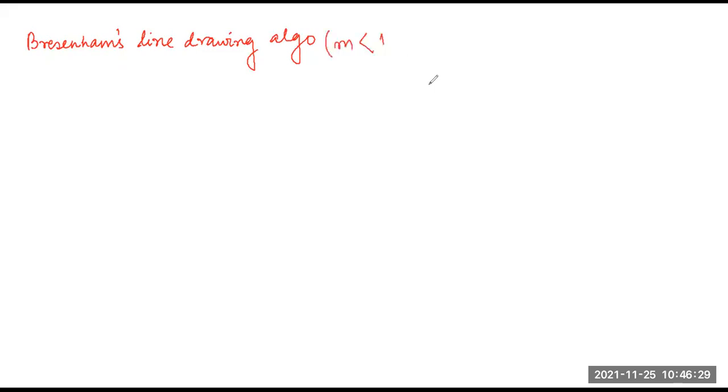This is a small algorithm, and by adding some more characteristics to it, we get the generalized Bresenham's line drawing algorithm, which works for anything: m less than, equal to, or greater than 1. Okay. So first we will learn the basic small Bresenham's algorithm for m less than 1, and then we will study the next big, complicated one, that is the generalized Bresenham's line drawing algorithm.